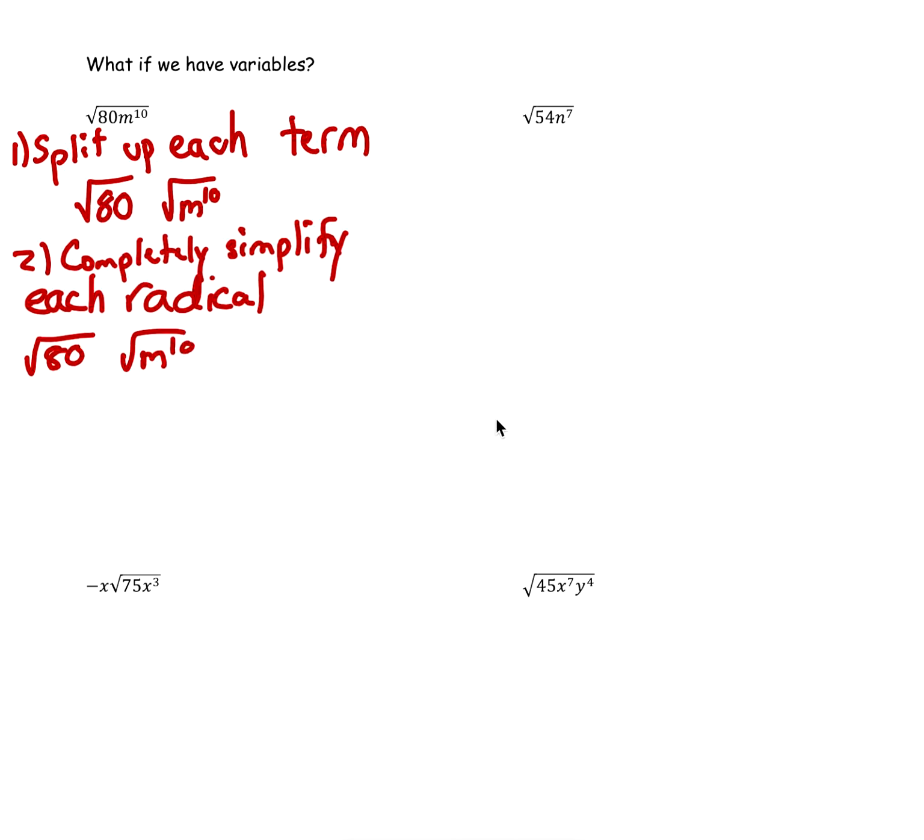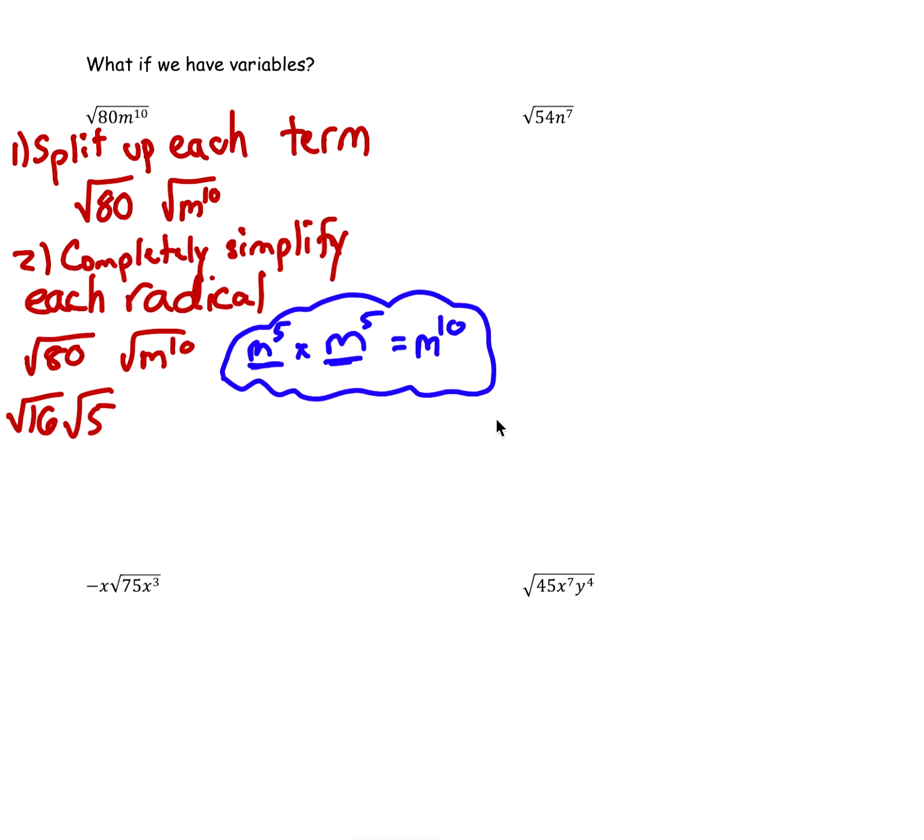So when we multiply with the same base, we add the exponents. So it would have to be m to the 5th times m to the 5th. That would give us m to the 10th. So m to the 10th really just simplifies to m to the 5th.